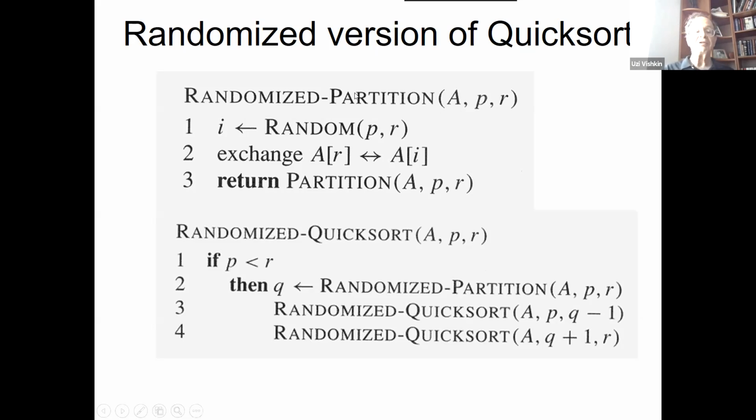They pick a random index I in the range from P to R, and then they exchange the element in location I with the element in location R, and now the new pivot is in location R, so they can apply the prior partition. They were just too lazy to rewrite partition, so they reduce the problem to something they have solved before.